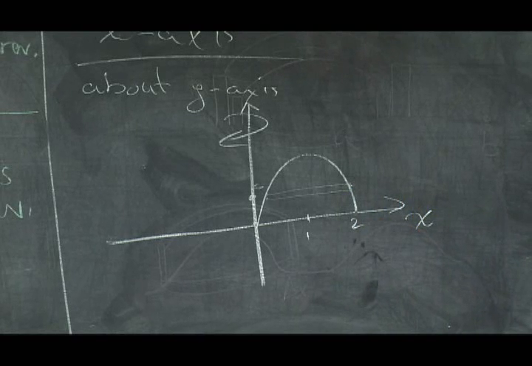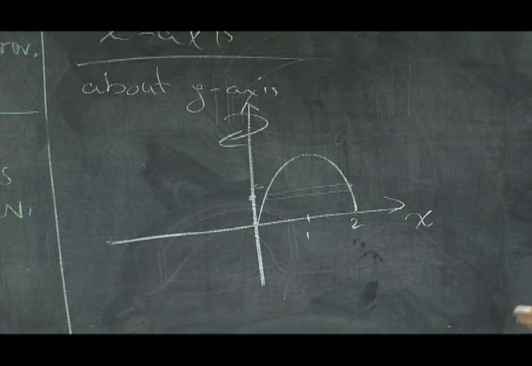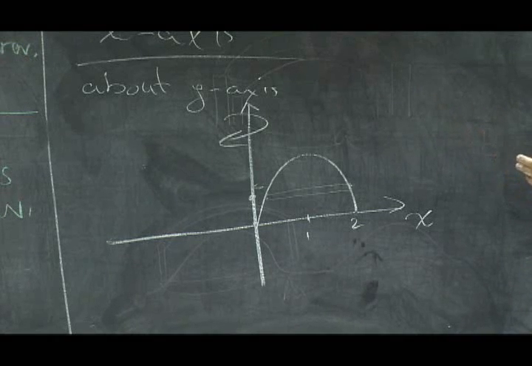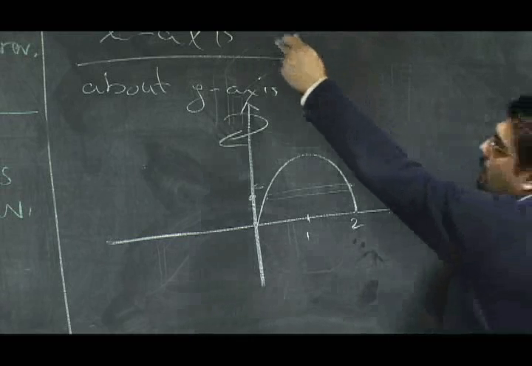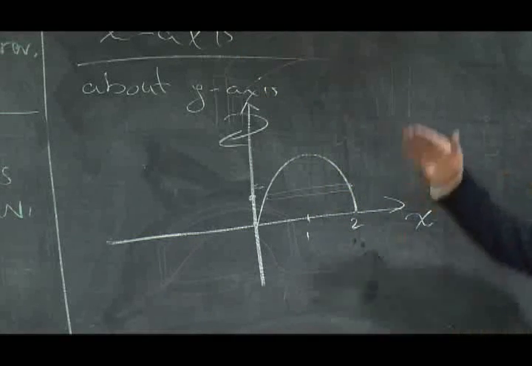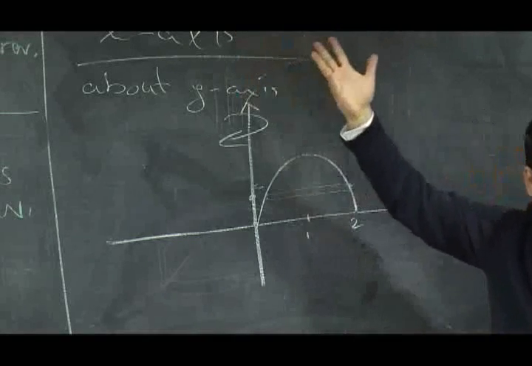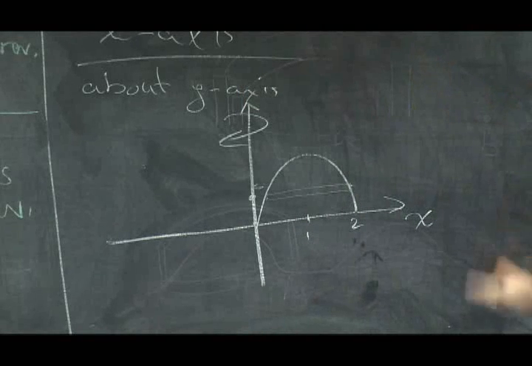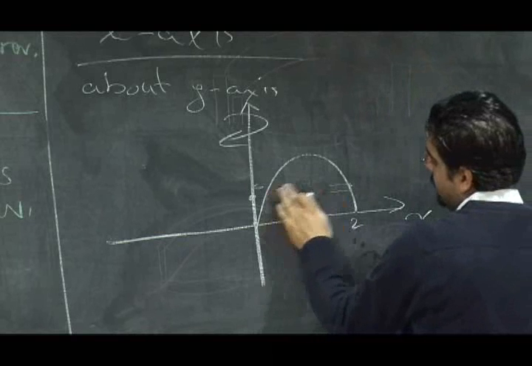Which means I need a function, x equals g of y. I don't have that. I have y as a function of x. So in order to use that method, you have to solve for x, which in this case is easy, but in some cases may be impossible. So that method doesn't work.